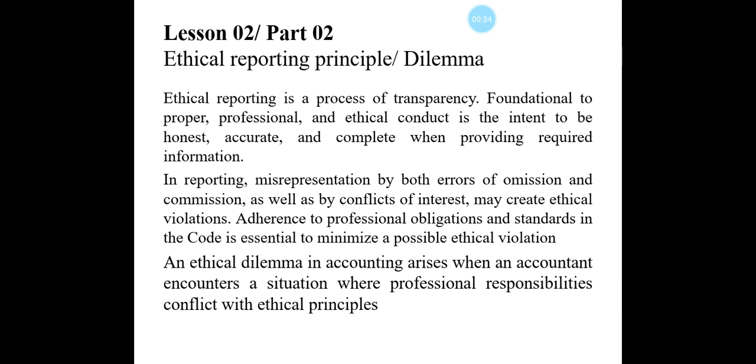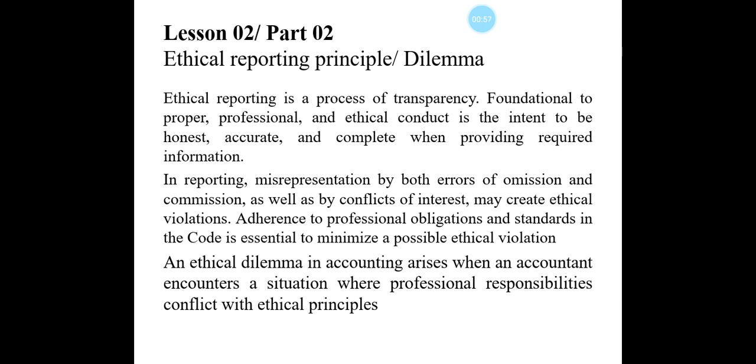In reporting, misrepresentation by both errors of omission and commission, as well as by conflict of interest, may create ethical issues. So adherence to professional obligations and standards in the code is essential to minimize possible ethical issues.